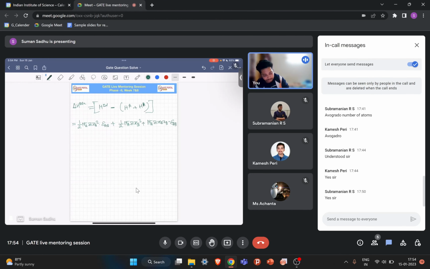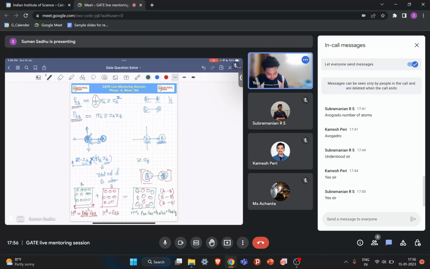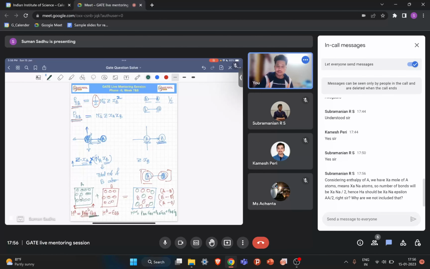So this is the H of solution, and we have to subtract this part, epsilon AA minus epsilon BB. Here also we have to count the total number of bonds, right?